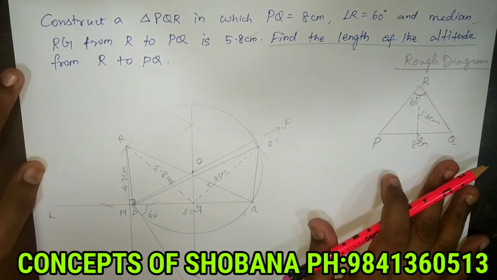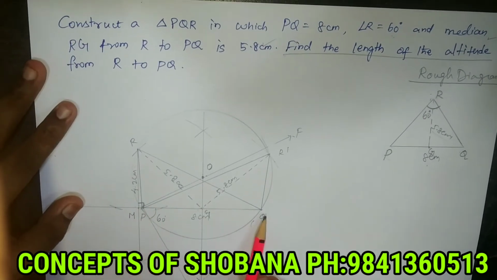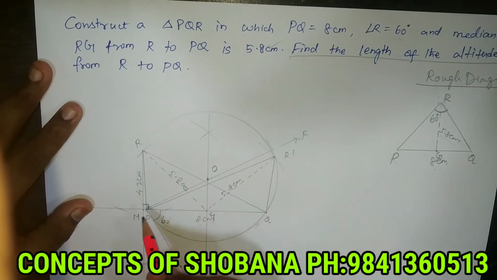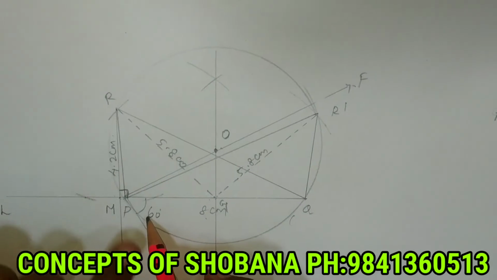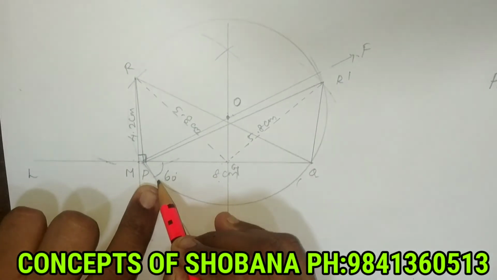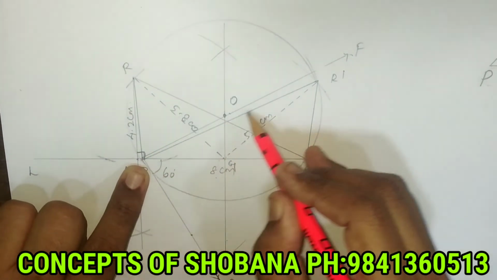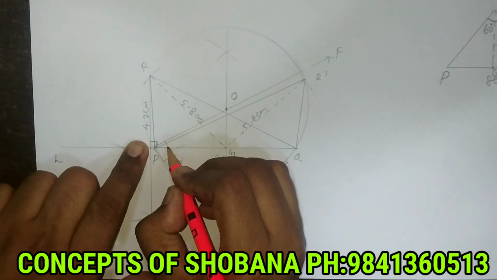Let me repeat all the steps of construction. First step is draw a line segment PQ to be 8 centimeter. Next, construct angle QPE to be 60 degree. After drawing 60 degree, now with PE as a base, construct 90 degree, that is FPE is 90 degree.